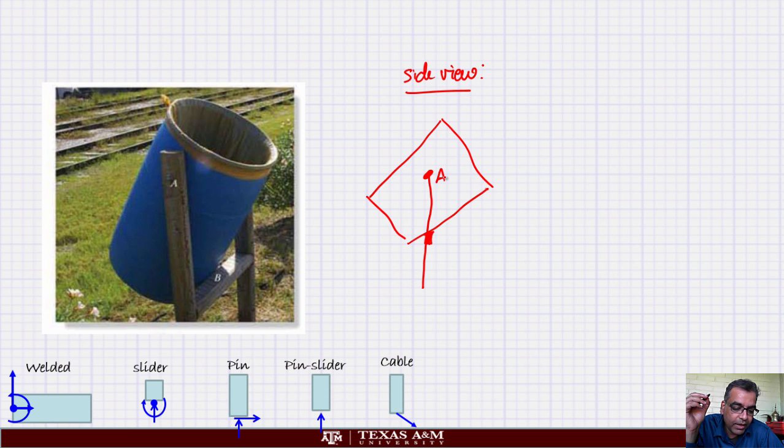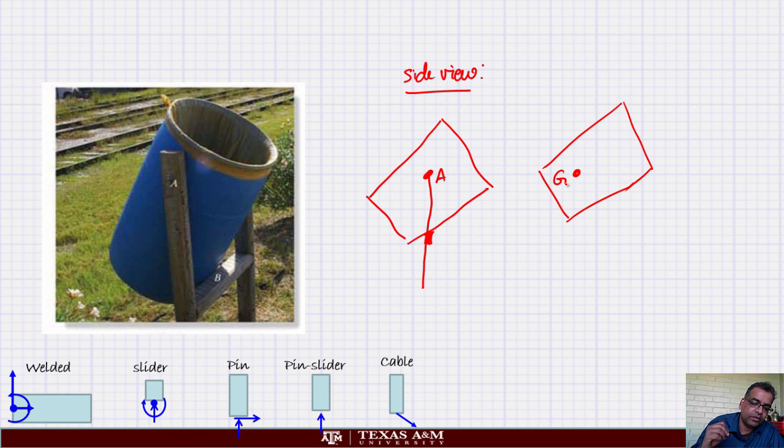Now let's draw the free body diagram for this. Okay, so I'm going to draw the drum. The center of mass of the drum is somewhere there. That's usually referred to as G. This is the point A and this is the point P. What do you think is happening at A? Pin joint at A. Is that obvious to you? Because this hinge allows you to rotate it freely like that, but it does not allow either this way.